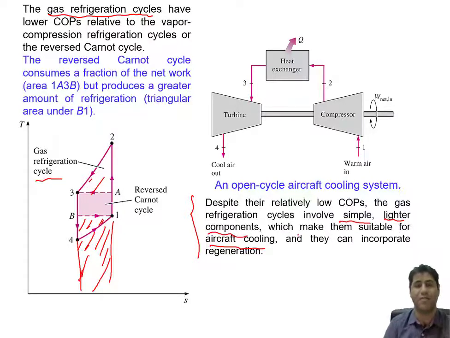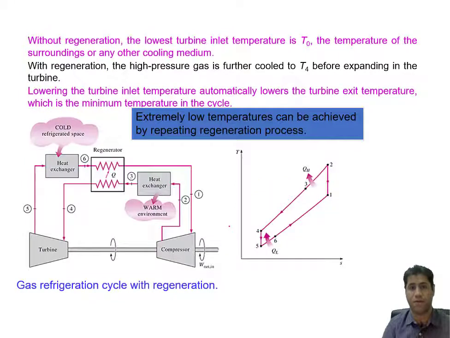For aircraft, as you know, weight is one of the most important properties. So due to the light weight of this cycle, it is a common method for the refrigeration of different airplanes. However, to improve the efficiency, we need to add a regenerator to the cycle.